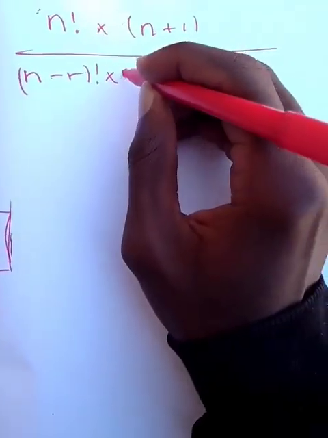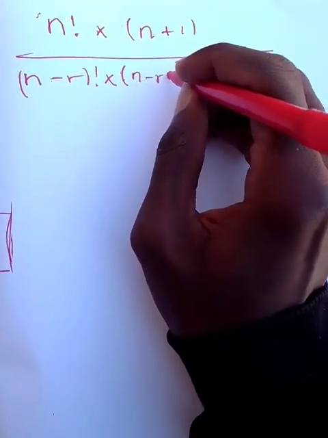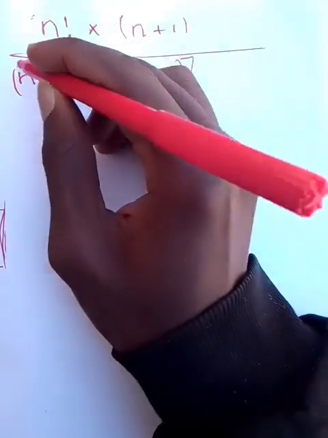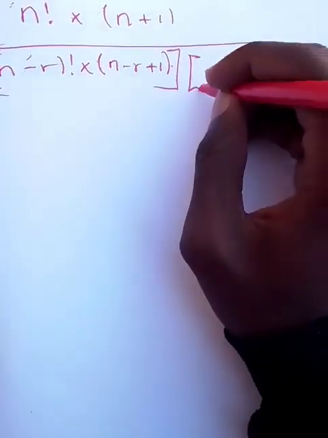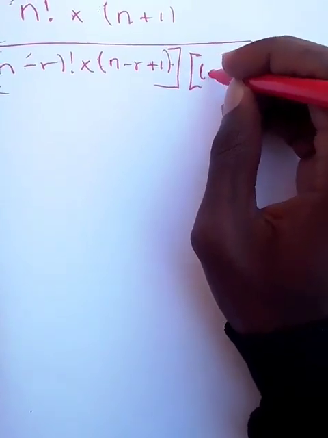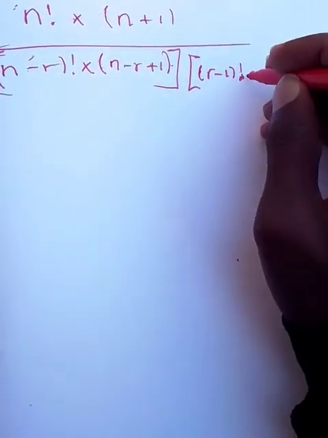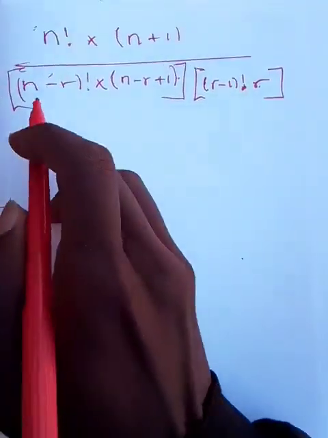The one that had n, which is this, n minus r plus 1. Okay, so we do this here. And then the other one that was starting with r, which is r minus 1 factorial, I'm going to multiply this with the one that is starting with r, which was just r. Okay, so this one I've explained, right?